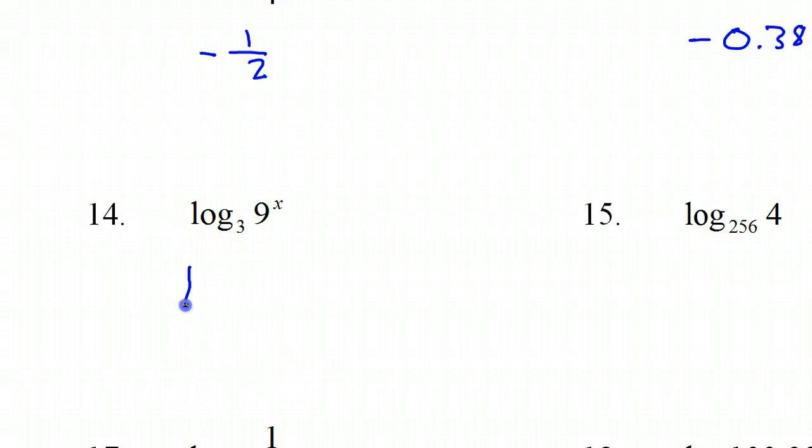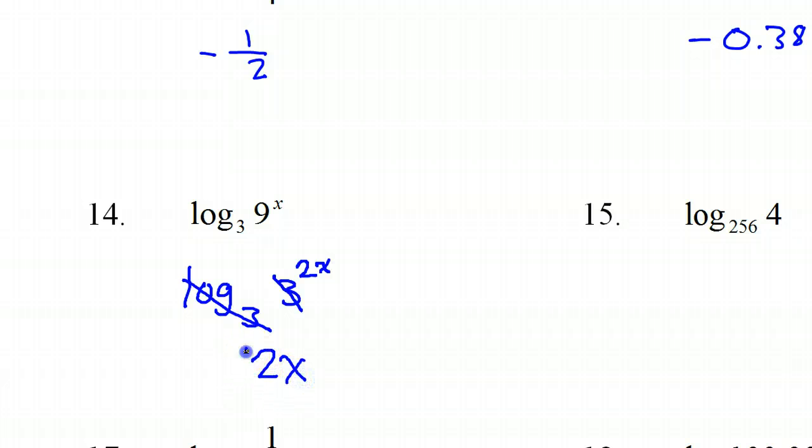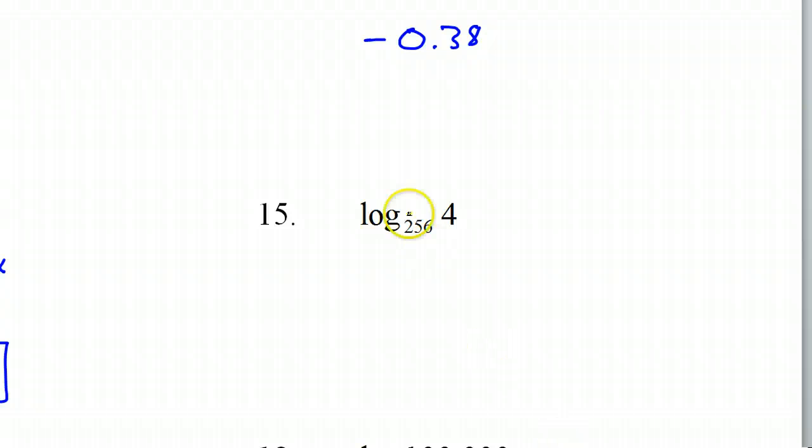So I could rewrite this problem as log base 3 of 3 squared, and that x is still there. Now, log base 3 and exponential base 3 cancel each other out. So that's just going to leave me 2x as the answer.